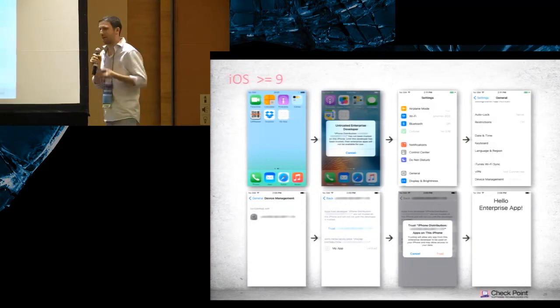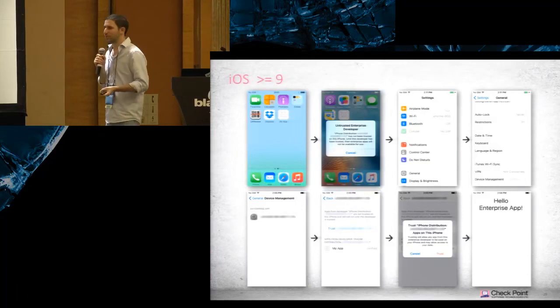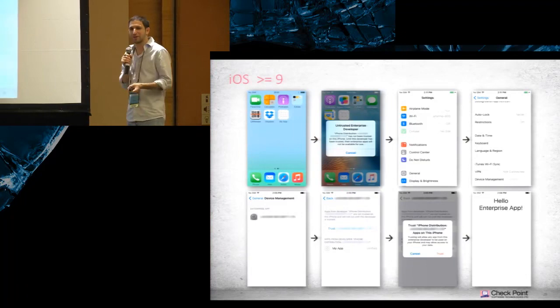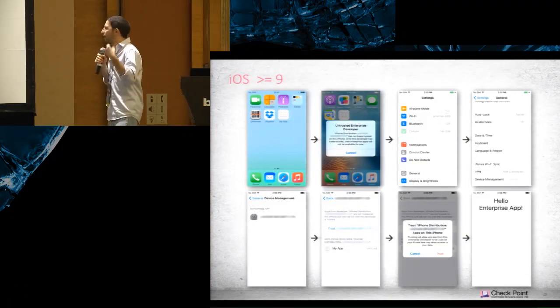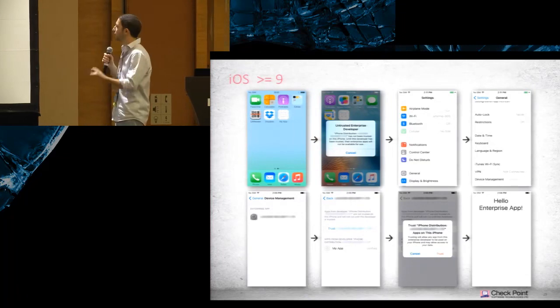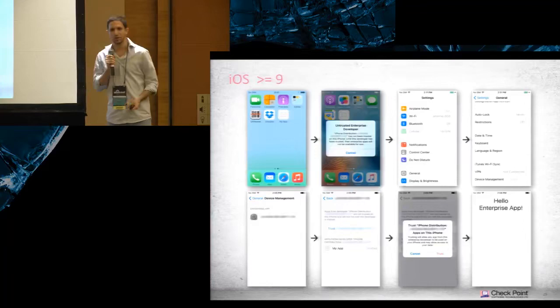But let's think about it. If it is so hard to execute enterprise apps, how can the enterprise use enterprise apps? Their IT support will help users all day long: click settings, go there, being on the phone trying to help their users install and execute their own enterprise apps.